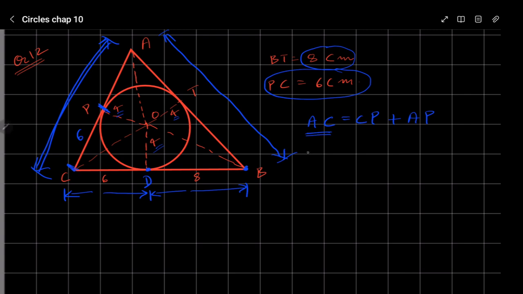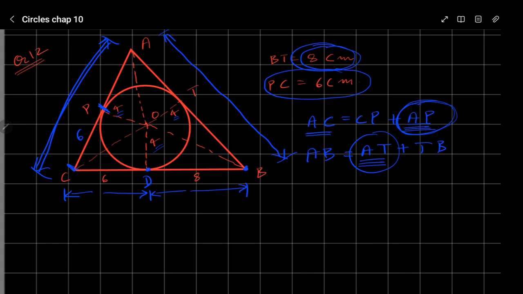Similarly, if we want to find the length of AB, then we need to add AT and then TB, isn't it? TB we already know 8 centimeter, but what needs to be known presently is AT and then AP. So this is what we don't know till now. So we just need to try to find out the length of AP and AT.